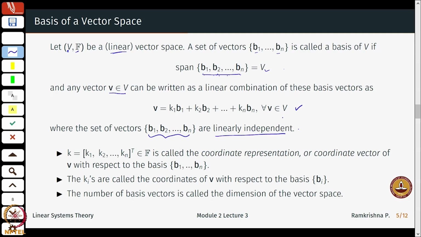So these numbers k1 till kn, which come from the field, which will be the space of real numbers throughout the course, are called the coordinate representation or the coordinate vector of v with respect to the basis b1 till bn, which means that I can write v as just this vector, k1 till kn.